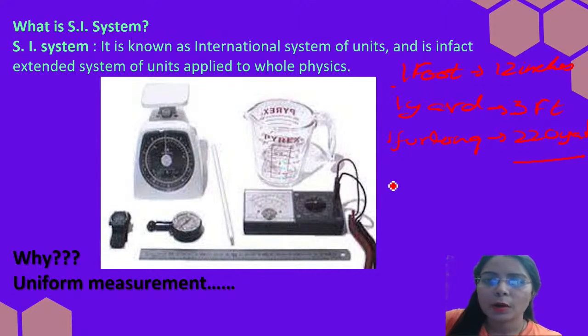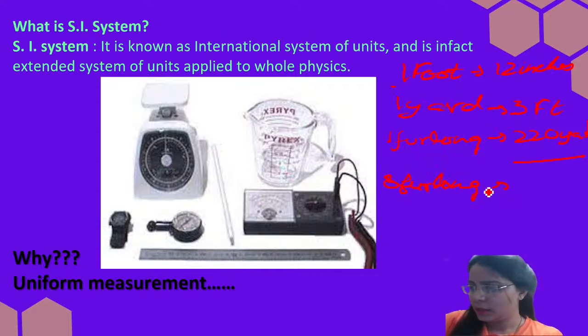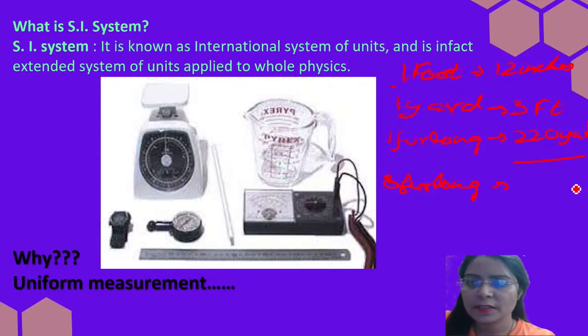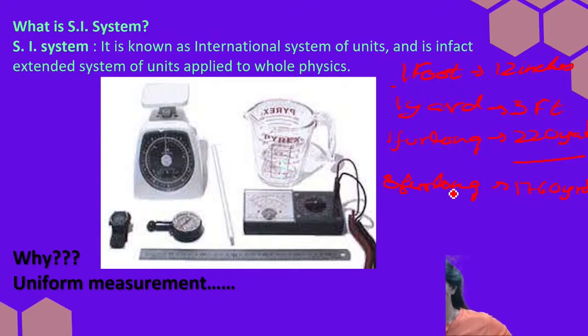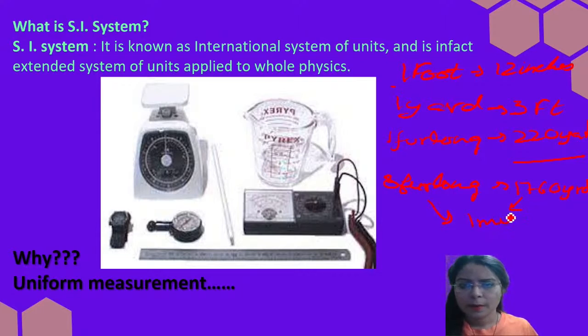When we talk of furlong and the larger unit for it, 8 furlong is equal to around 1760 yards. I'm marking it YRD. Please consider it 1760 yards, and this is equal to 1 mile.